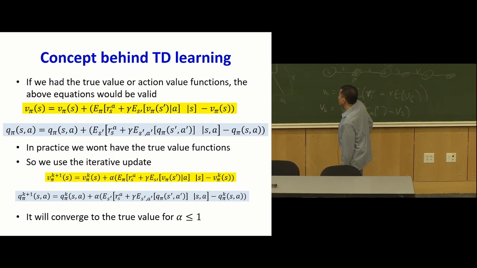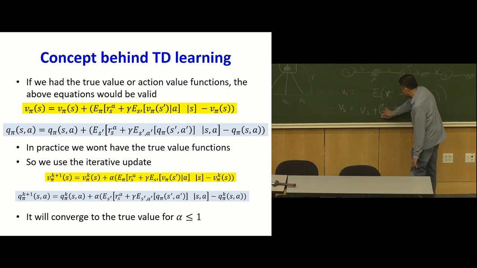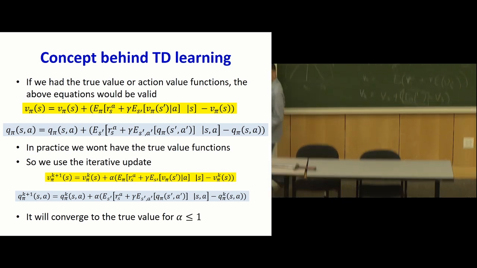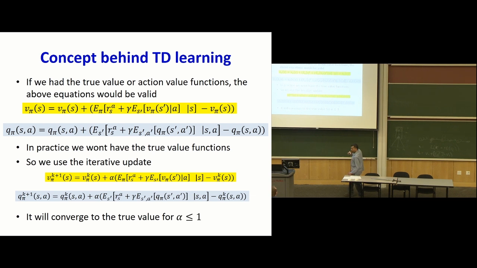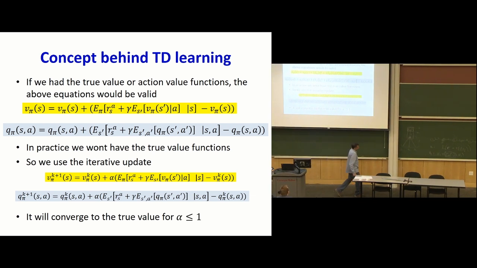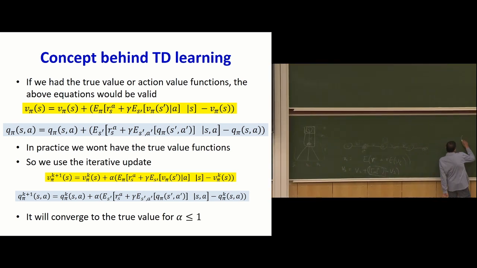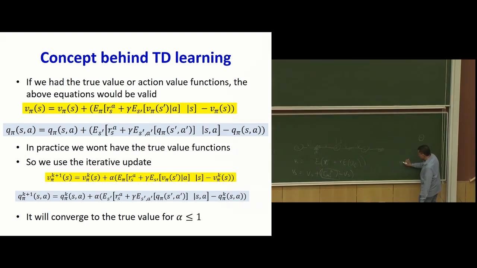And the way we do it is that assume that I actually have this guy, which is the true value for the state at each time. Then here's what I could do. This is going to be my true value for the state. This is my current estimate.